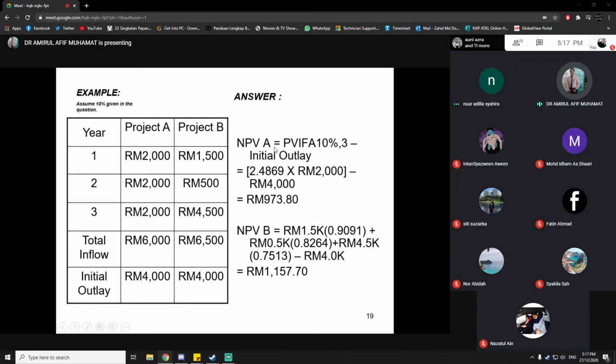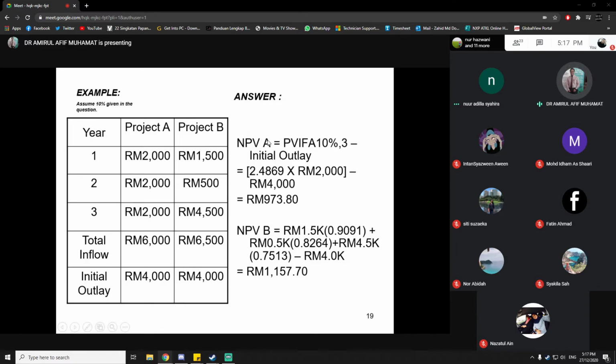Suka hati je lah nak panggil dia apa. NPV tu sebenarnya yang dia punya keyword. NPV is net present value. A ni is the project. Project A, project B. You boleh panggil NPV agro or NPV DBX ke, NPV triple X ke, NPV YY ke. Okay, there's no problem.